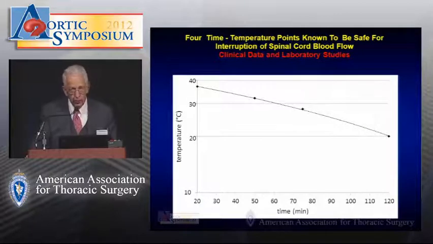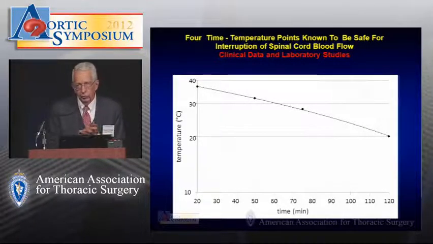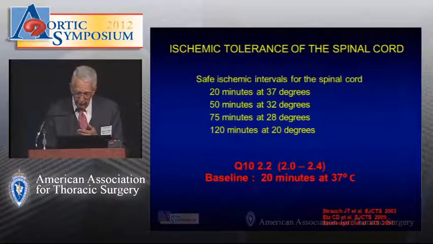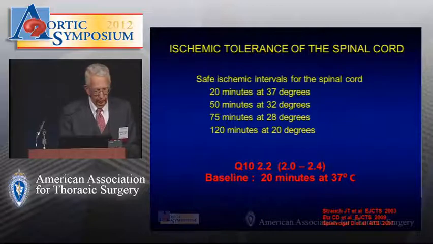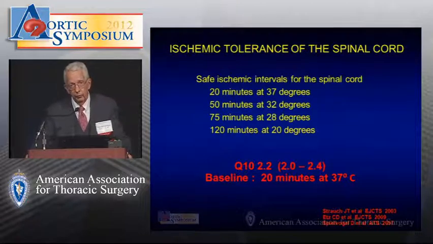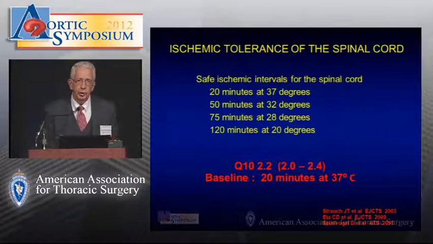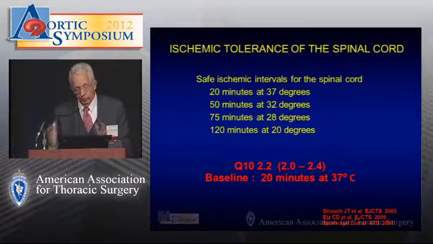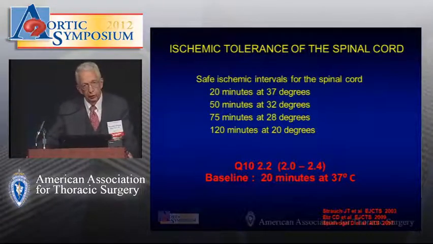And when you put a number of these experiments together, one comes out with a Q10 for the spinal cord that is actually very close to what it is for the brain, somewhere around 2 or 2.2, 2.3. But the ischemic tolerance of the spinal cord is about 4 times longer than the brain, because at 37 degrees, the baseline is 20 minutes.